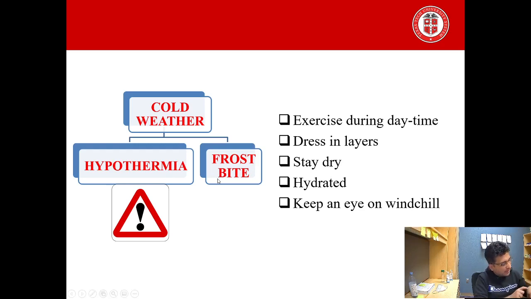Frostbite is specifically related to the skin. So if you go out in a temperature which is too low, then first it's the top layer, the epidermis, that is affected, so you will feel some redness. If you have a lot of negative temperatures outside, then you have redness on your skin. That's the first sign, but that's only limited to the topmost layer.